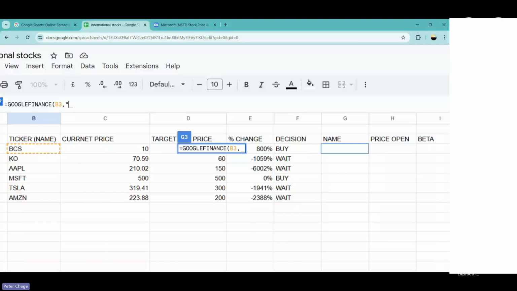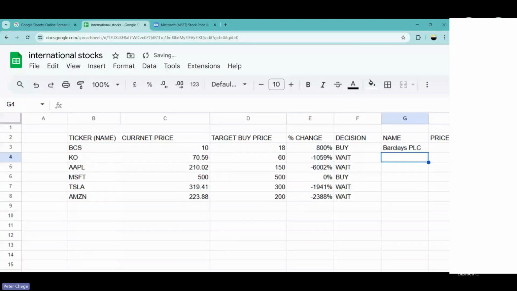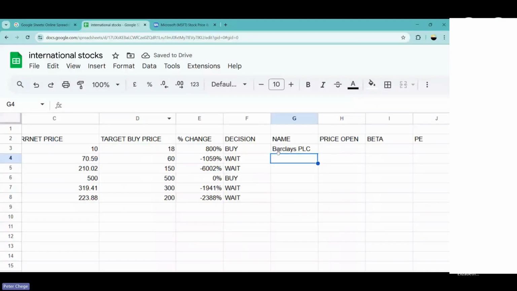Opening, then name in small letters. Then close the bracket. It loads the name. I can copy this formula so that I don't keep on repeating. For programmers, you know, we don't like typing a lot. I'll just put it here, change to the next one.